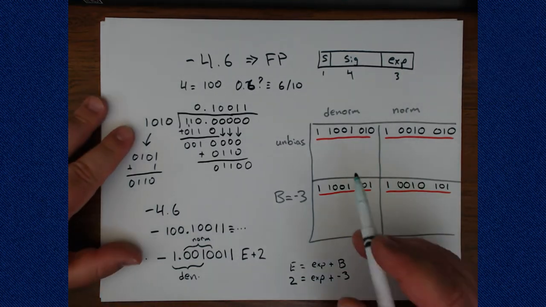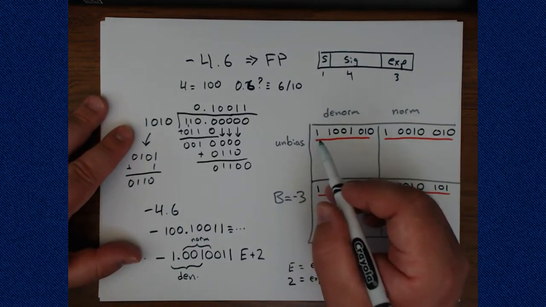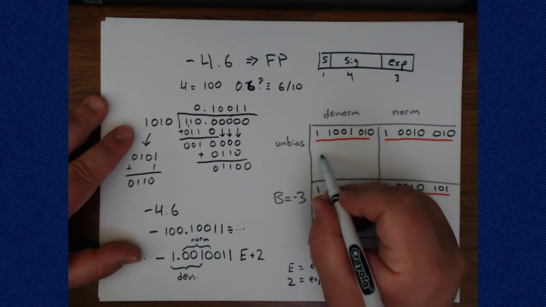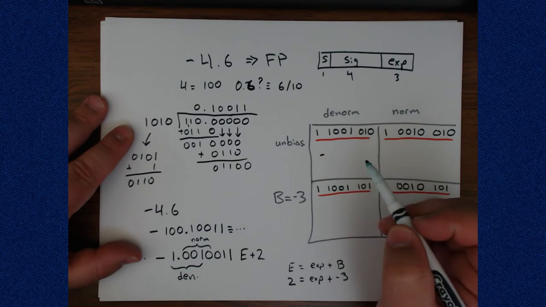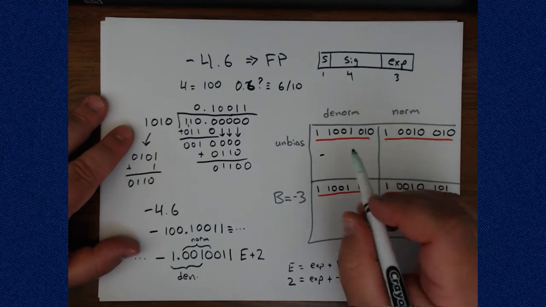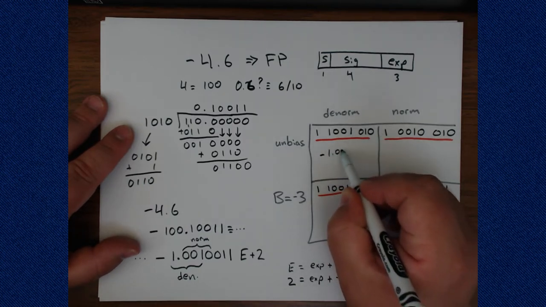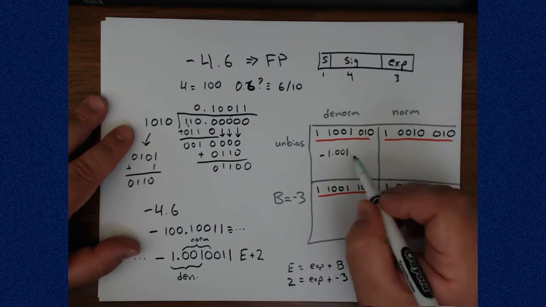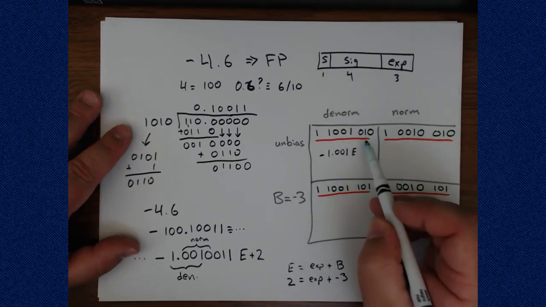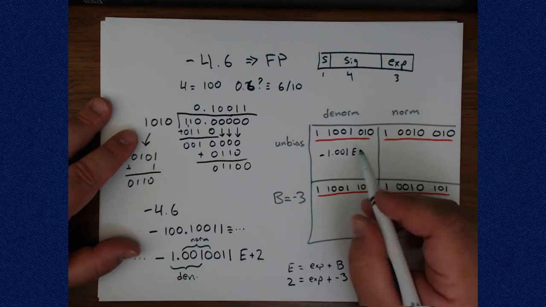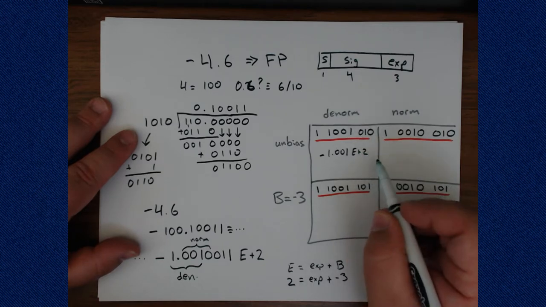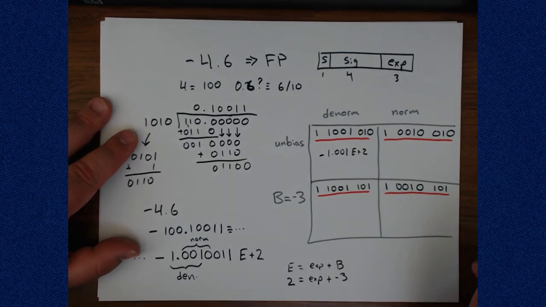So, let's take this one. We know that it's negative. Great, we know that for all of them. We know that this is a denormalized significand, so that means we've got 1.001, and then we're going to take that to the exponent of positive 2. The exponent is definitely positive 2 for all of these.